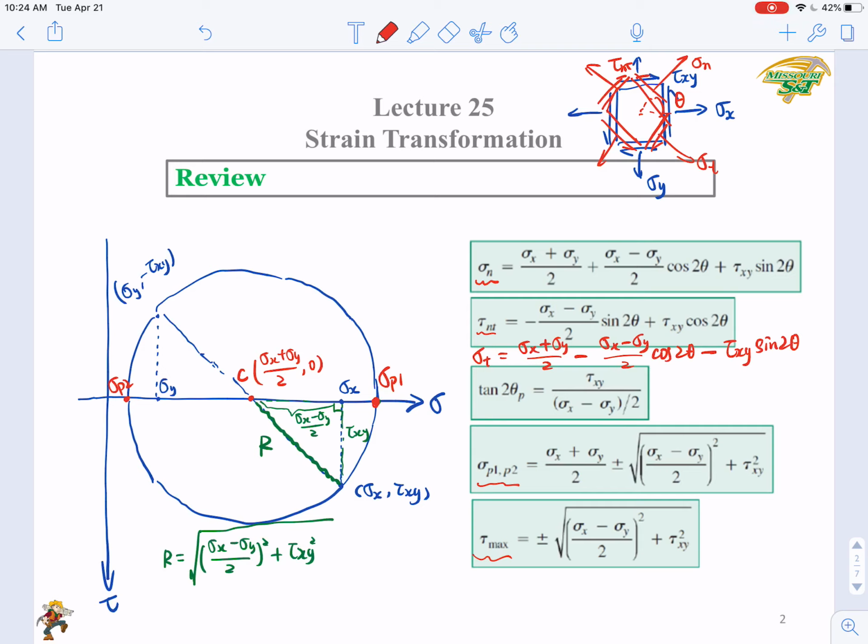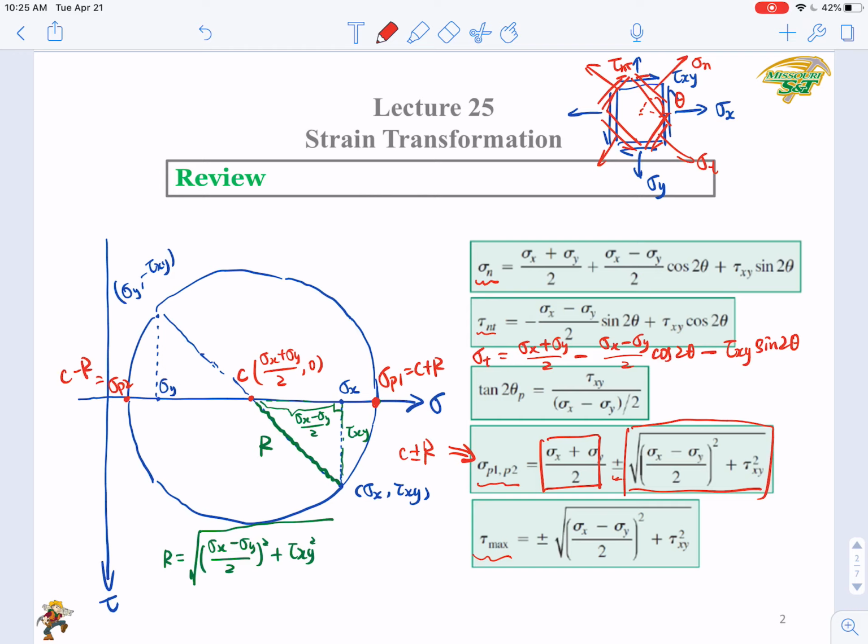Using the C and R, sigma P1 would be C plus R, and sigma P2 would be C minus R. Since the C is (sigma x plus sigma y) over 2 here, plus or minus the R is here, so the C plus or minus R, you derive this equation.